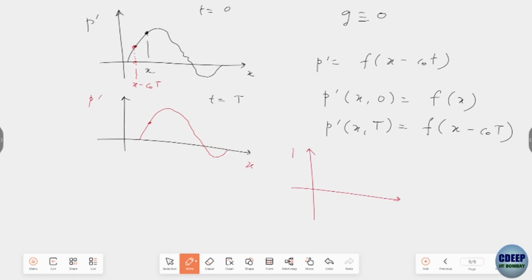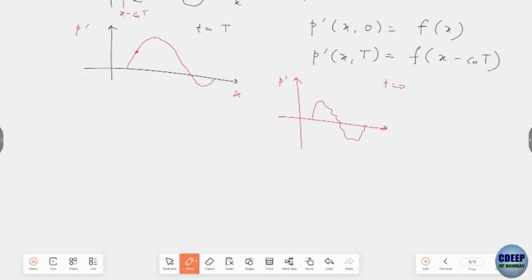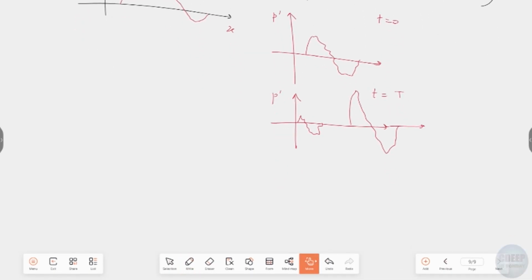Suppose p prime at t equal to 0 is again such a thing, and suppose p prime at t equal to T is something like that. What is the expectation at 2T?